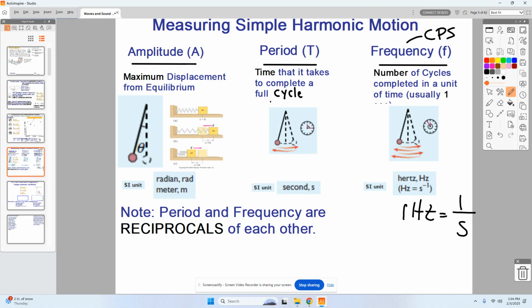I would like you guys to determine the time that it takes for this thing to repeat. So this is a 256 hertz tuning fork. I would like to know the time it takes for it to go through one cycle. Could you do that for me, please? Try it. Frequency and period are reciprocals. So I would like to know the period as 1 over that frequency.